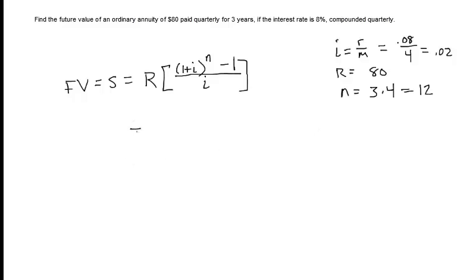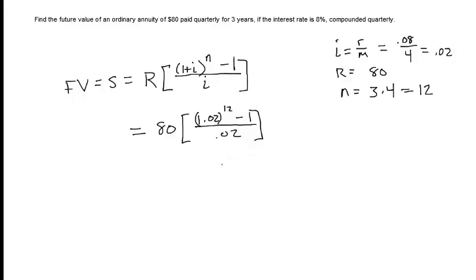So we have future value, or S, is equal to 80 times 1 plus 0.02, or 1.02, raised to the n, minus 1, all divided by I, which is 0.02.